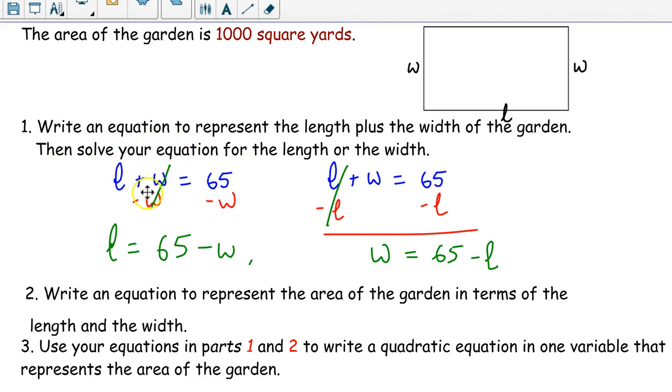You got the equation, and then solving it to get either the length or the width. Both of them we have.